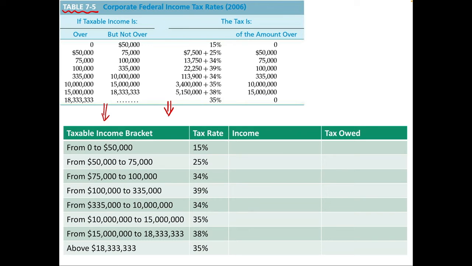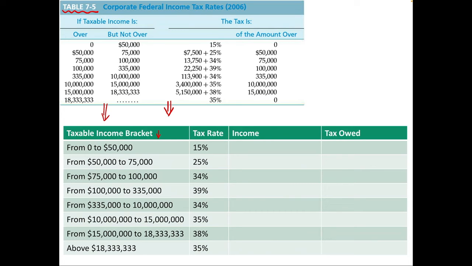So the taxable income bracket, the first column, from 0 to 50,000. That's the first 50,000 you earn, right? And for that part, your tax rate is 15%. And whatever is left from 50,000 to 75,000, for that part you need to use the tax rate of 25%.